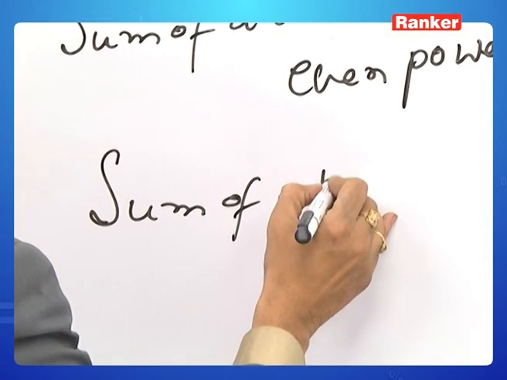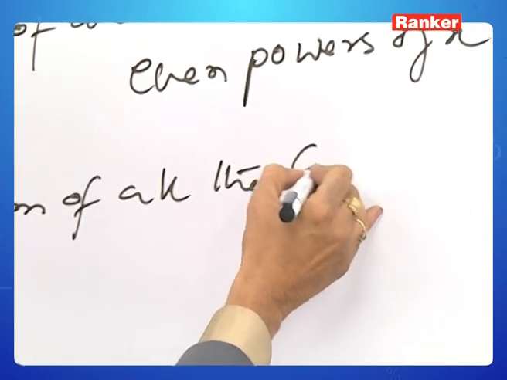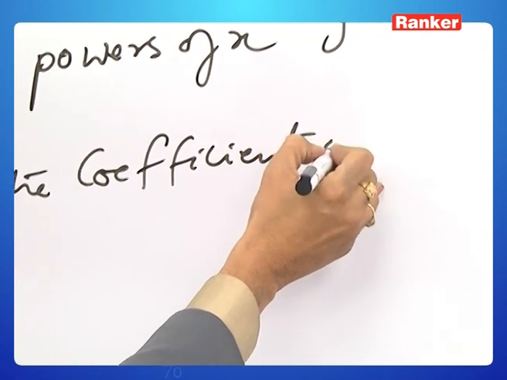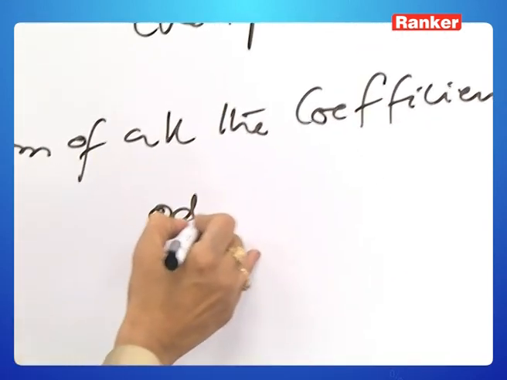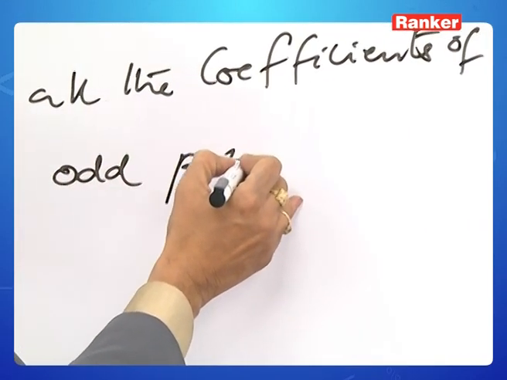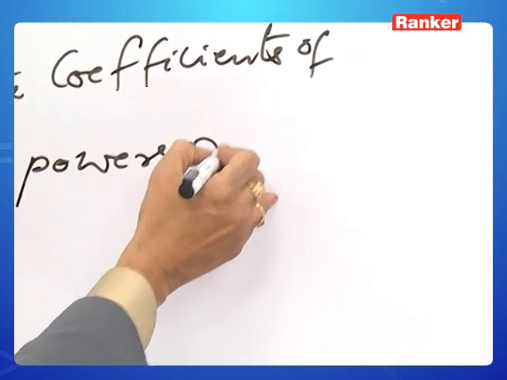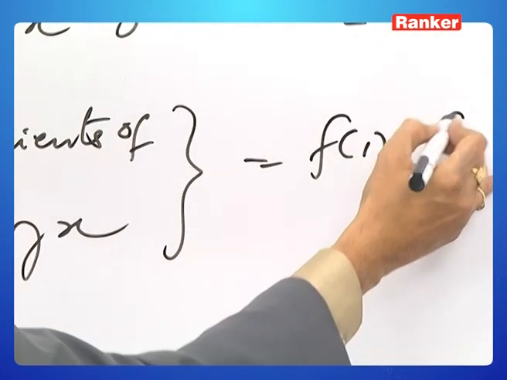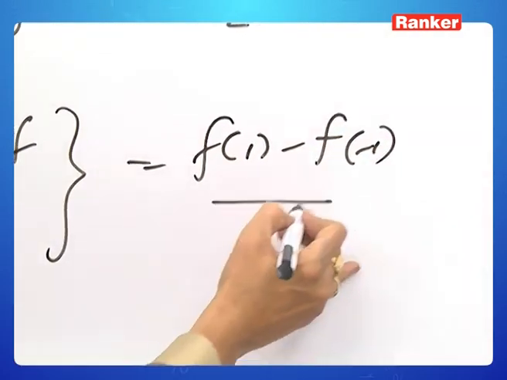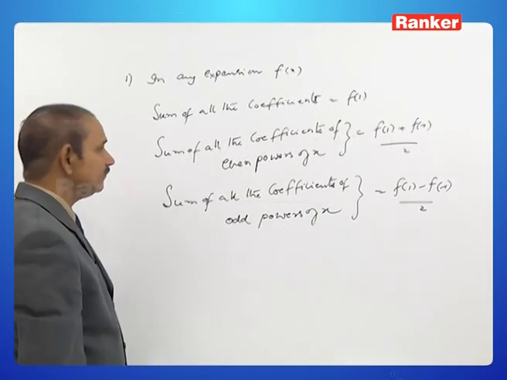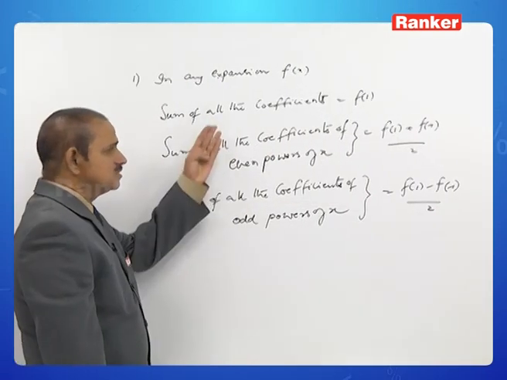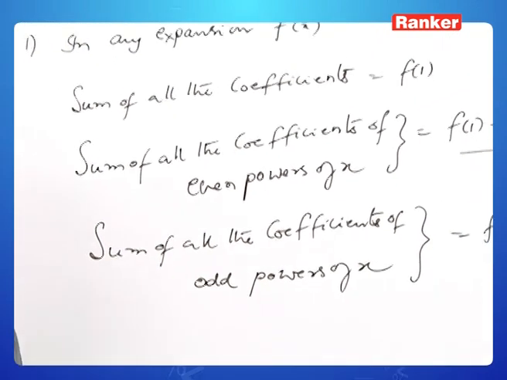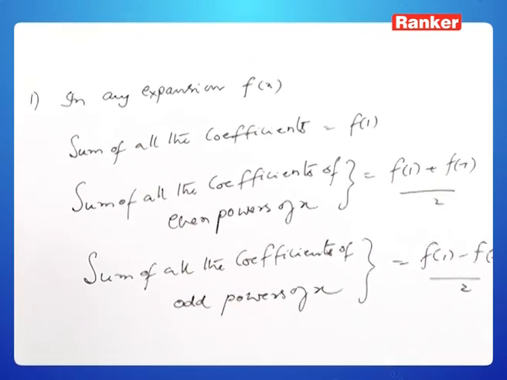Sum of all the coefficients of odd powers of x is (f of 1 minus f of minus 1) by 2. And these 3 concepts are valid for any type of expansion in which there is only one variable, say x.